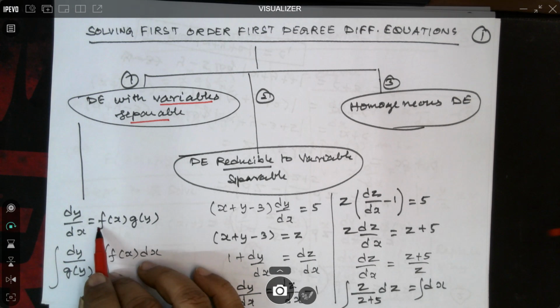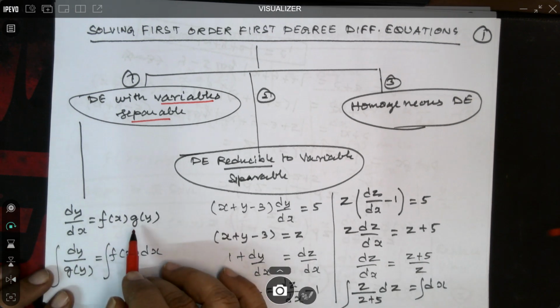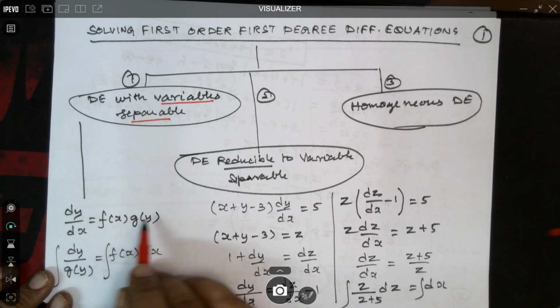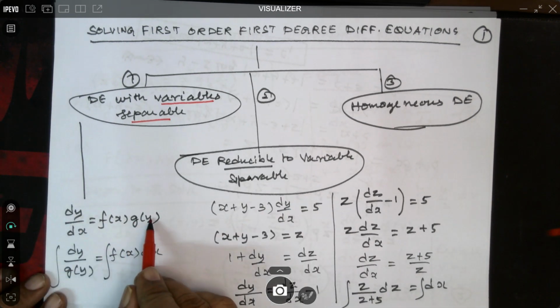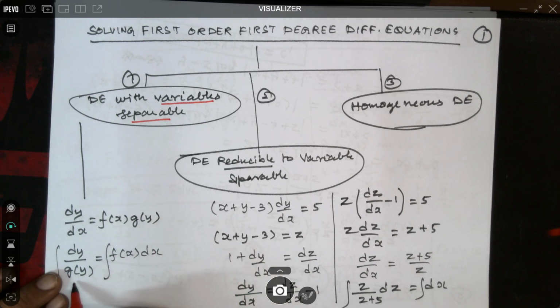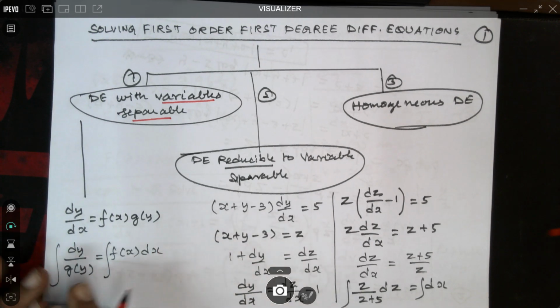So we can have this type of differential equation, where they can be easily separated. For example, g of y can be brought to the LHS and dx can be brought to the RHS like this. Now the variables are easily separated, then we can proceed with the integration. So this is one type.